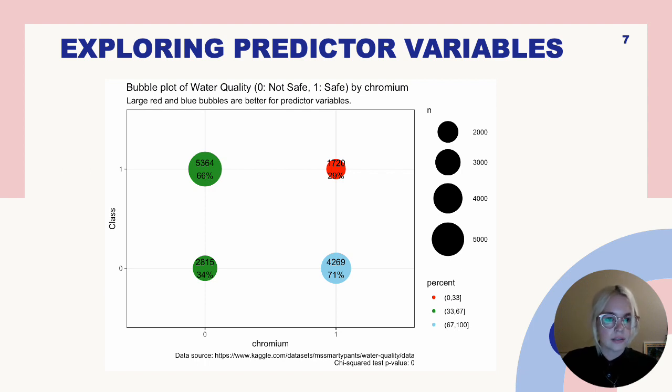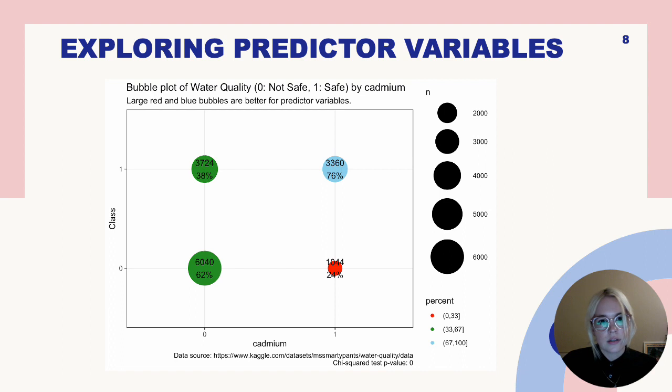So there's a pretty big distinction there. And the distribution between the levels of chromium in terms of frequency or number of observations, it's not equal, but it's closer than a lot of the others.